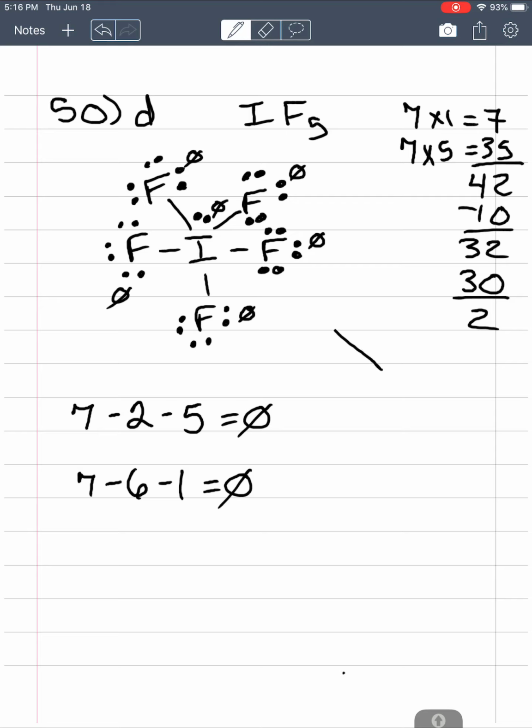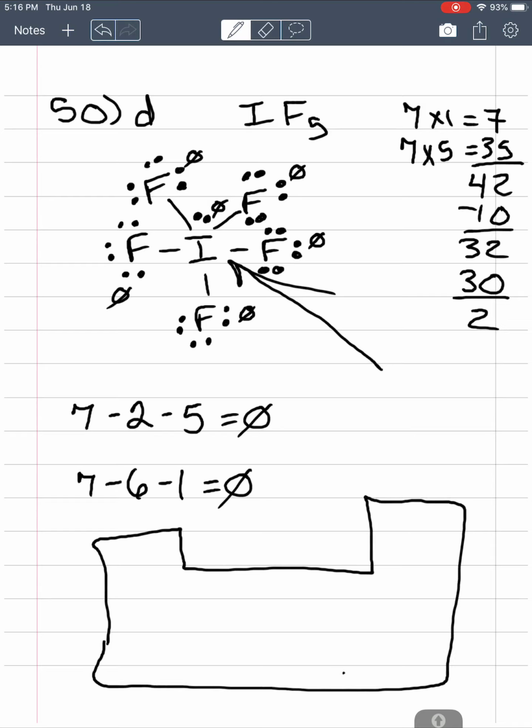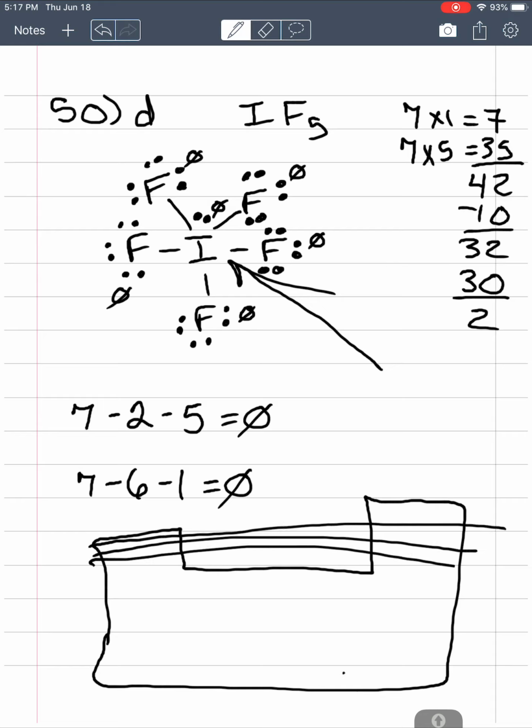All right, and we can also tell that iodine is fine to be beyond an octet, because when we look at the periodic table and we try to figure out what row it's in: 1, 2, 3, the 4th row. No, the 5th row. 1, 2, 3, 4, 5. It's in the 5th row, and iodine is right here.